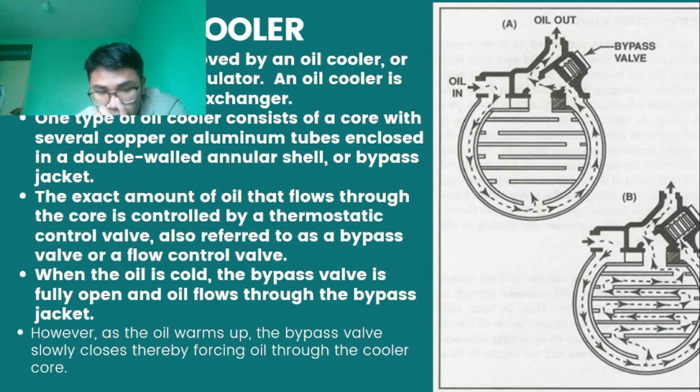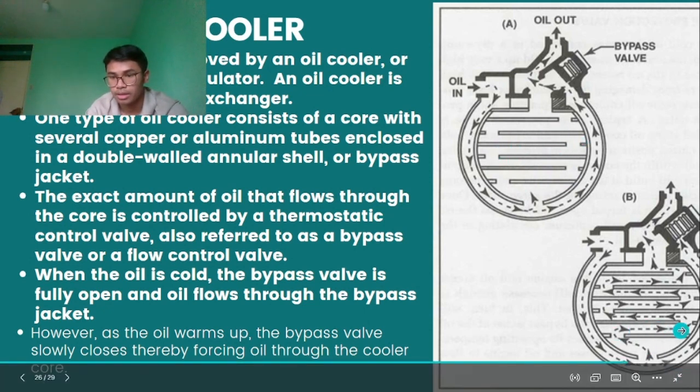The oil coolers are typically located in the oil system circuit after the oil filter and before the oil enters the engine. The oil cooler may be a separate component or integrated into another component such as the oil filter or engine cowling. So, ayun nga, sabi is may series of tubes tayong dinadaanan para mapalamig yung ating oil. So, ito yun. Ayan.